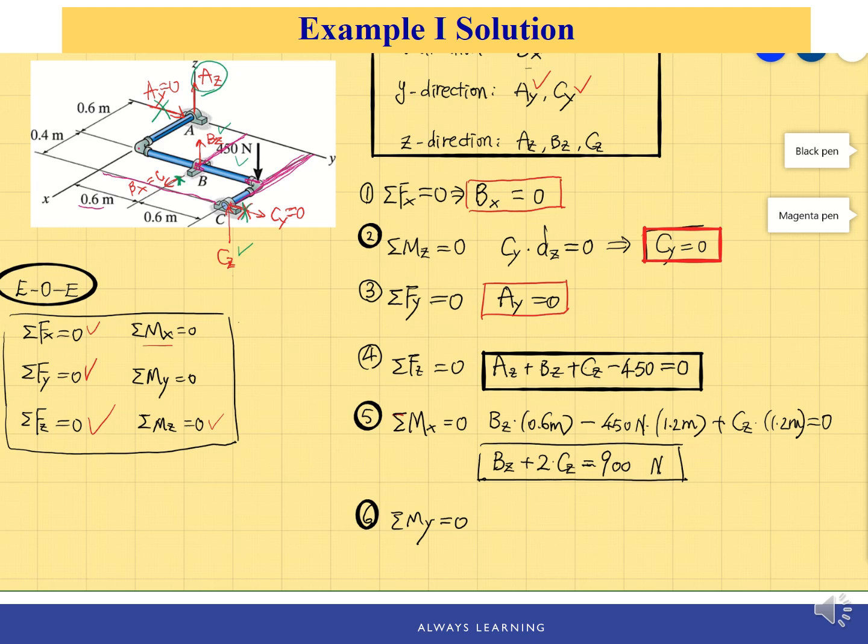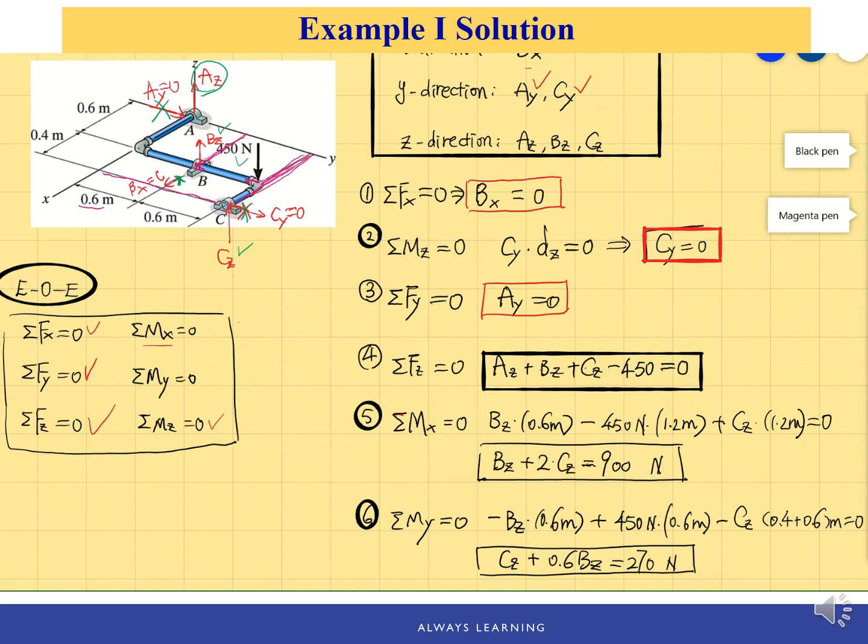We will have negative this time BZ times 0.6 meter plus 450 Newton times 0.6 meter minus CZ times (0.4 plus 0.6) meter equals 0. Simplify the equation. We'll have CZ plus 0.6 BZ equals 270 Newton.